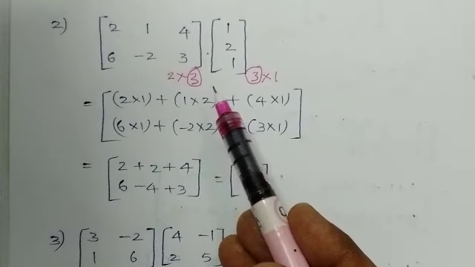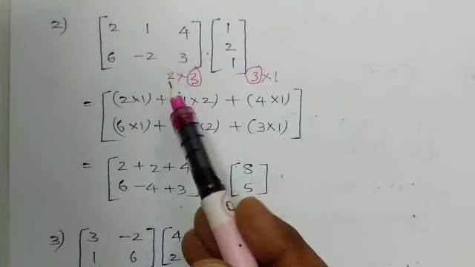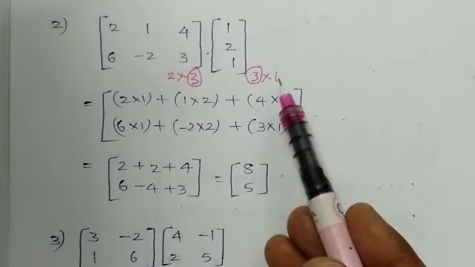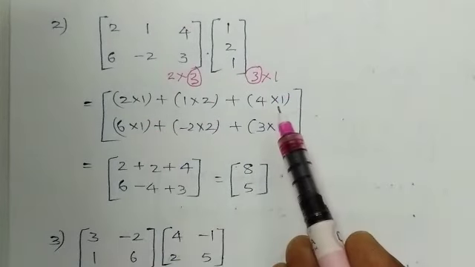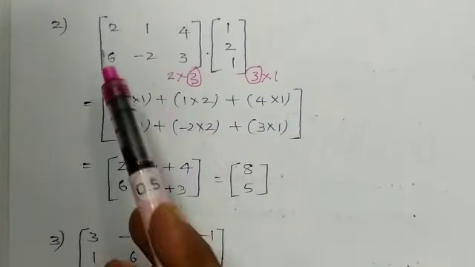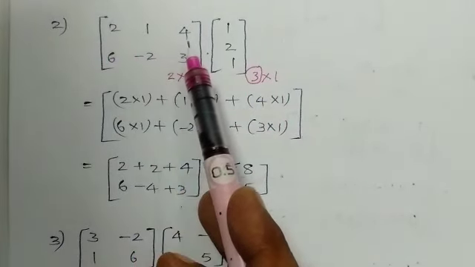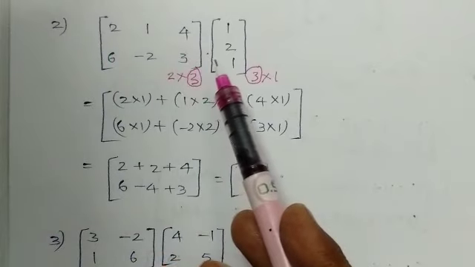What is the resultant matrix order? 2 by 1. Resultant matrix order is 2 by 1. How to multiply? Every row of first matrix is multiplied with every column of second matrix.